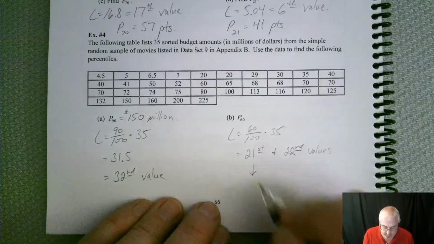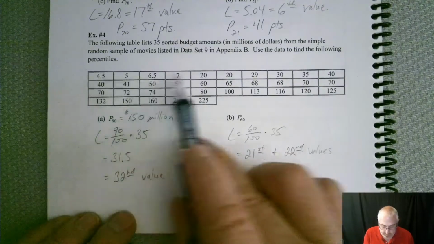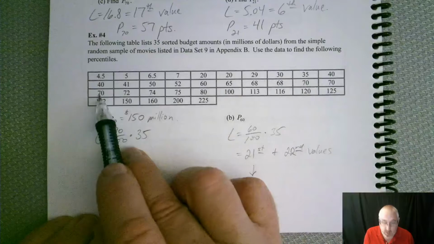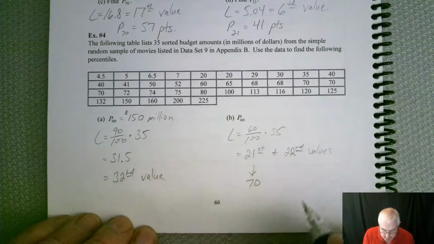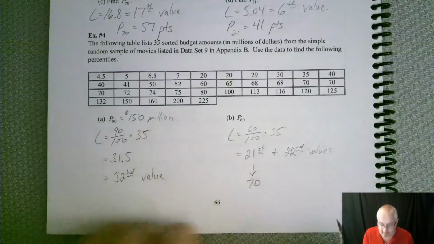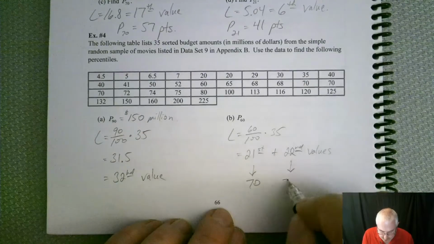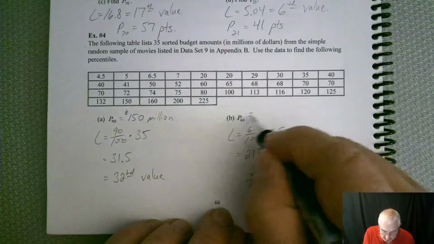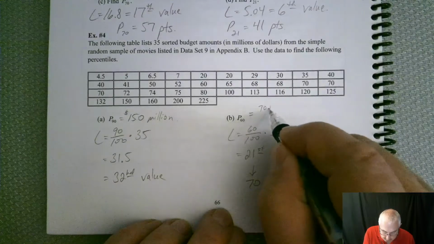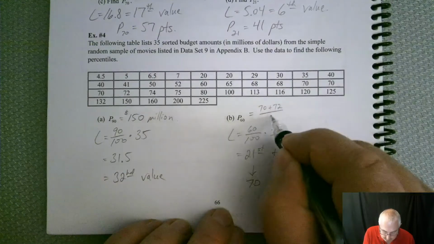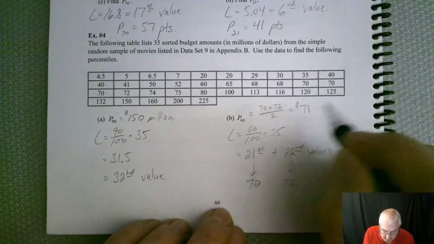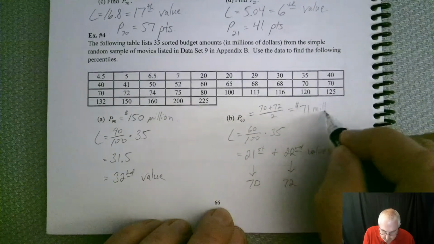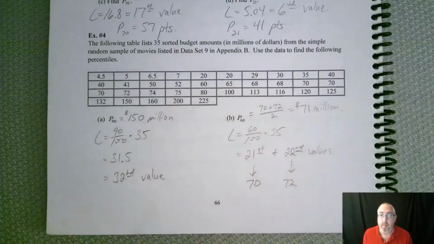So the 21st value, well, 1, 2, 3, 4, 10, 20, 21 is going to be 70. And the 22nd is going to be 72 then. So we want to average those together, which I think we can do pretty quickly in our head. So 71 million bucks.